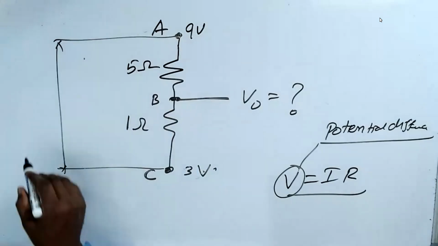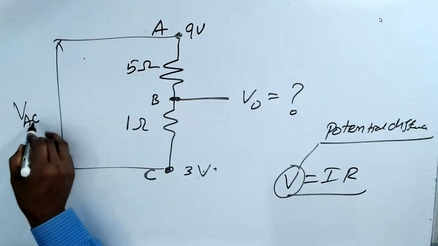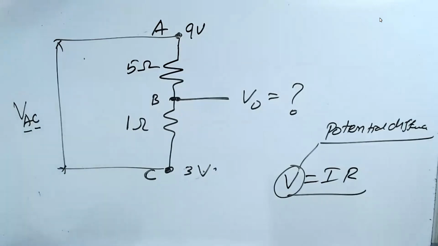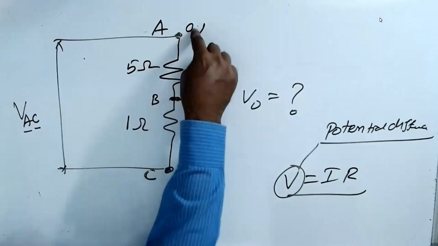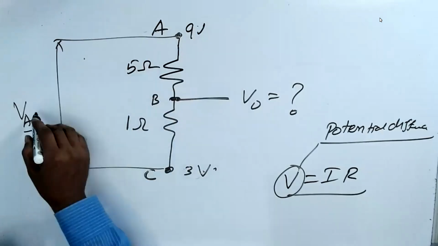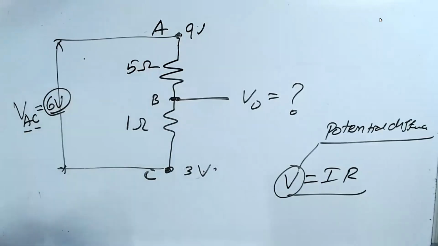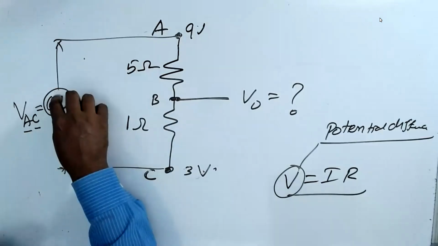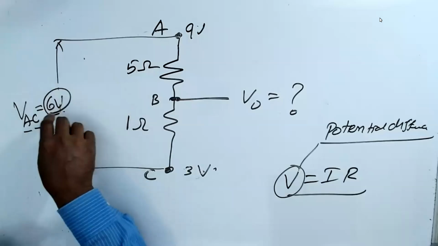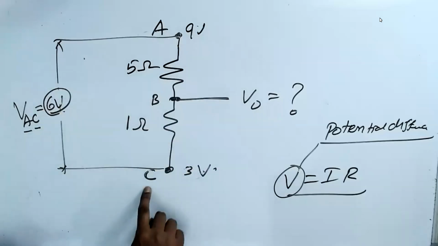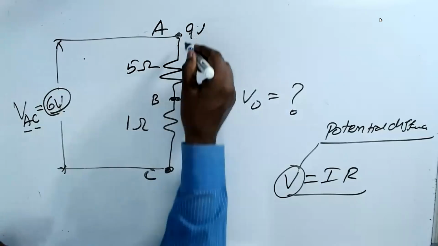Voltage requires 2 points. Between A and C, 9 volt and 3 volt, the difference is 6 volt, because I told you that is a potential difference. So the difference between A and C is 6 volt, 9 minus 3.